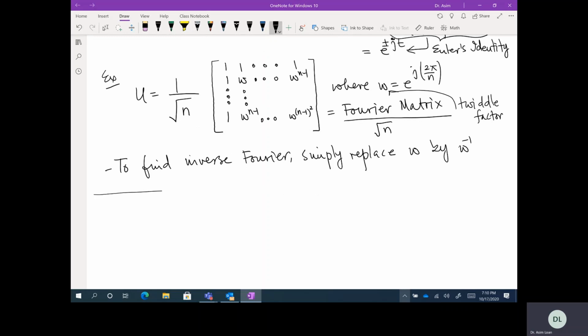So then there's the skew symmetric, and the counterpart of the skew symmetric is the skew Hermitian.